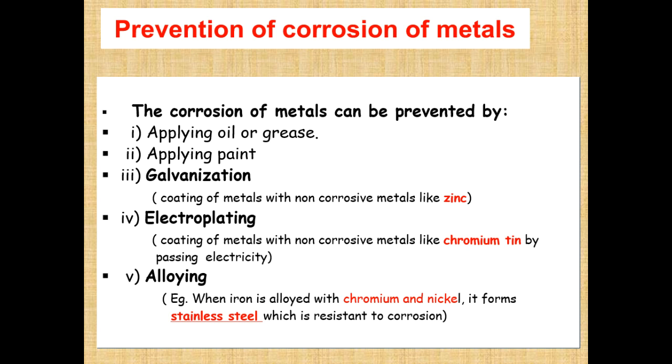The second one is electroplating, which means coating metals with non-corrosive metals like chromium by passing electricity. And the last one, alloying. When iron is alloyed with chromium and nickel, it forms stainless steel, which is resistant to corrosion. Generally, we use stainless steel for utensils and surgical instruments.